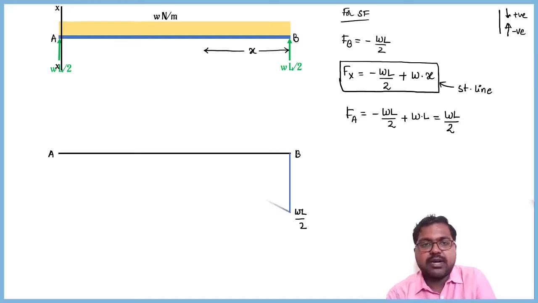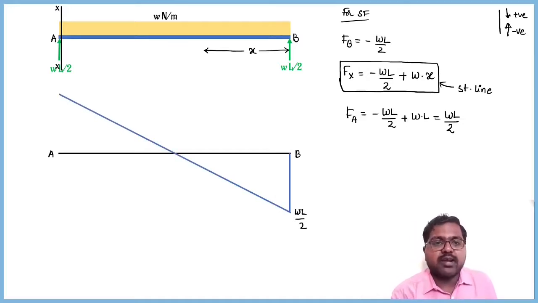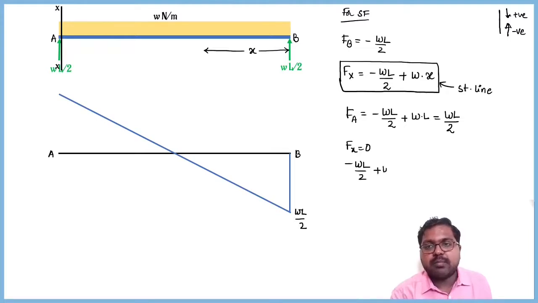So if we draw the figure, the shear force diagram will come like this. Somewhere in between A and B, the shear force has become 0. So to find that value, I am making FX equal to 0, so I can get the length from B where the shear force is going to become 0. So FX equal to 0, which is minus WL by 2 plus WX equal to 0.